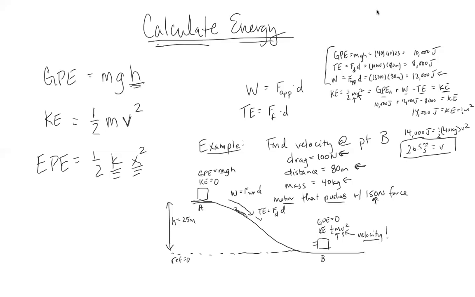So we have found the velocity of the cart at point B, using our energetic terms and how they transfer from one type to another, and calculating each term with its mathematical equation.